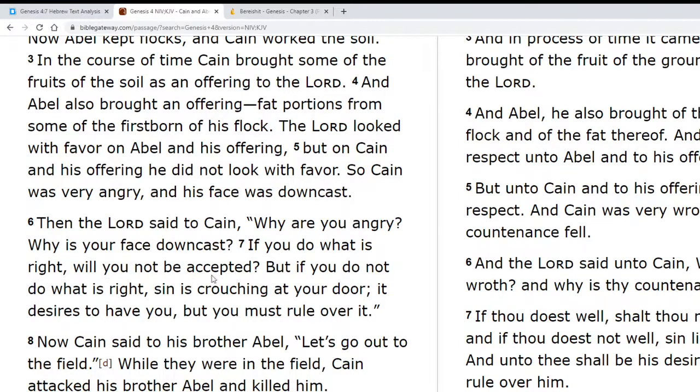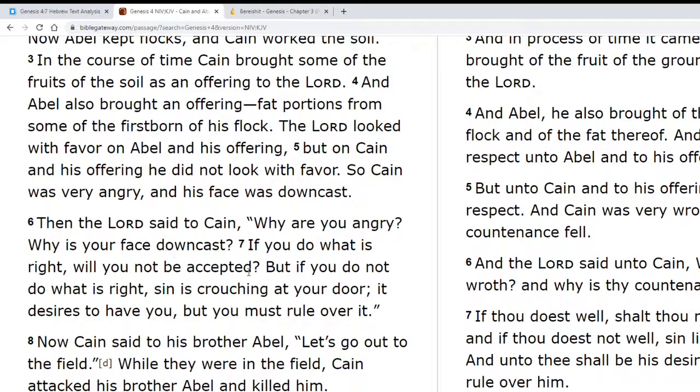NIV, verse 7. If you do what is right, so they're translating. I would say tetev means improve yourself. They're saying do what is right. That is a different way of understanding that verb tetev.